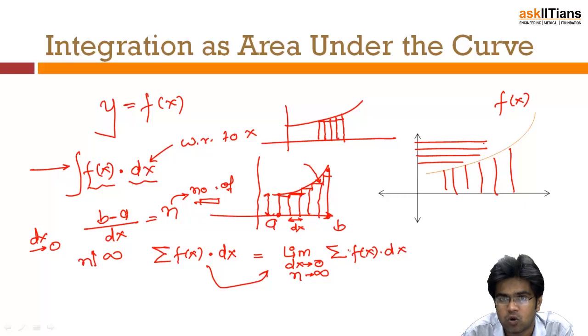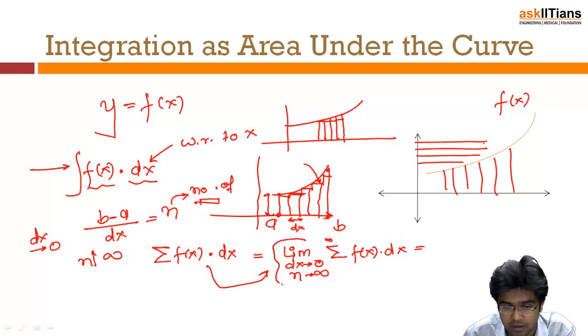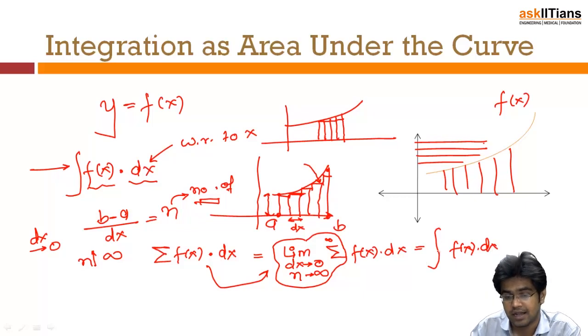Because dx is tending towards 0 and there are infinite parts, this whole thing has been termed the integral of f(x) dx. That means the summation and the limit, when dx is tending towards 0, have been combinedly referred to as the integral sign.